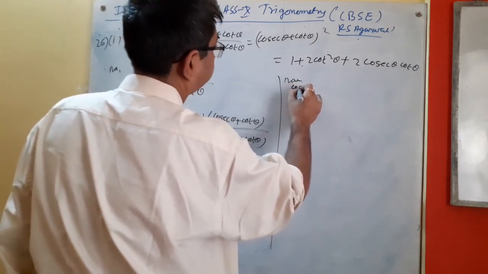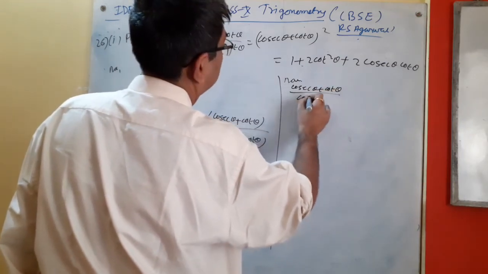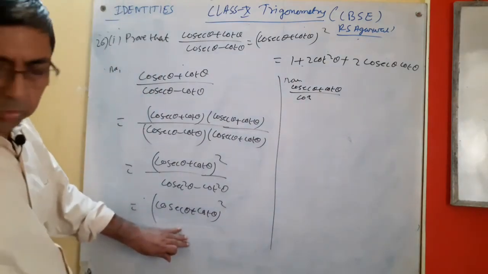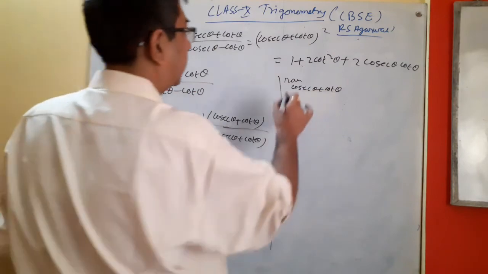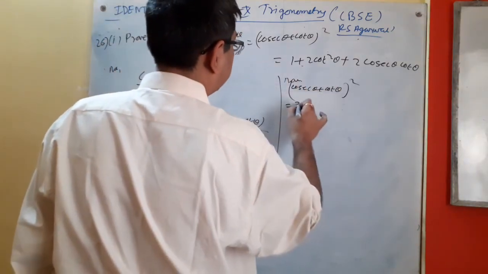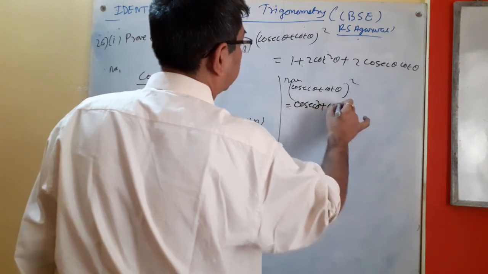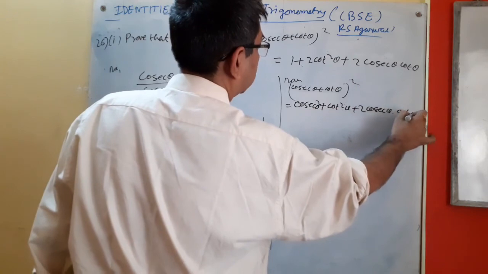Now, (cosec theta plus cot theta) by, already we have proved this one. So we come from this one, (cosec theta plus cot theta) whole square, right? That is cosec square theta plus cot square theta plus 2 cosec theta cot theta.